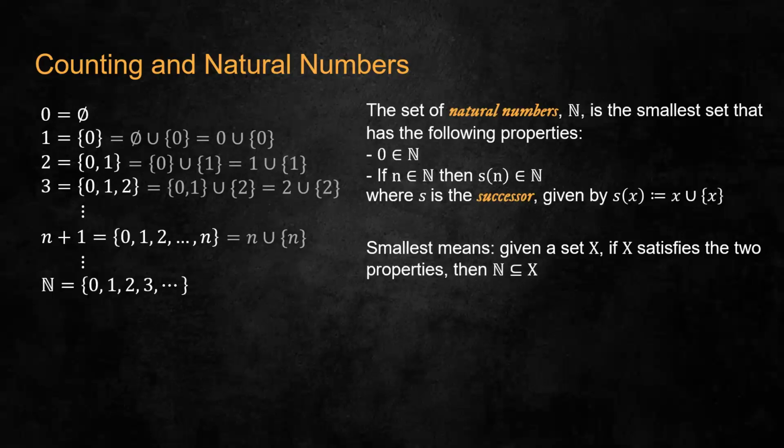It contains 0, and if it has an element, then the successor is also in N. And the successor is given by this property in gray that we just saw. And what does it mean to be the smallest set? Well, it just means that if there's some set X that also satisfies the two properties, then the set of natural numbers is included in the set X.